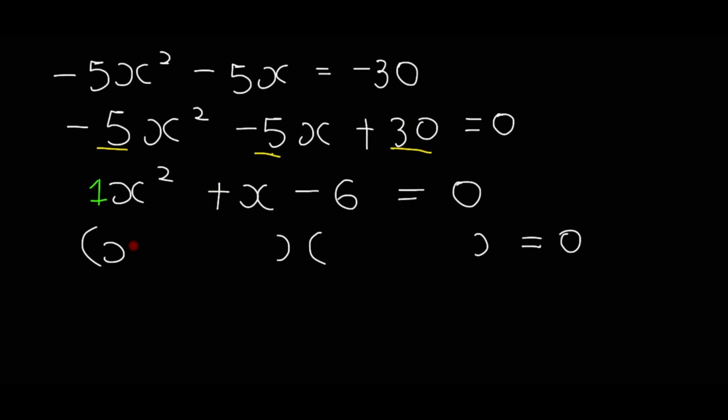So here we have x, and then here we have x, and then the first sign we always write, which is positive, and then from there positive times negative is negative, and then we look for factors of 6. When we multiply them they give us this one, but when we add them they give us positive 1, so you notice that it is 3 and 2, and then this time around the signs are not the same, so it is compulsory that the first bracket takes the bigger number, between 3 and 2 the bigger is 3, so that is why I started with 3.